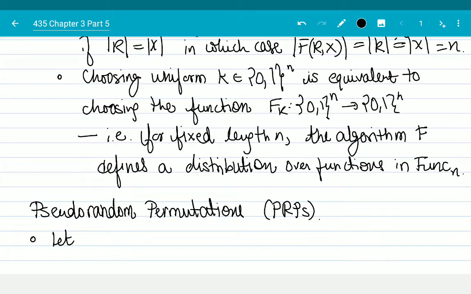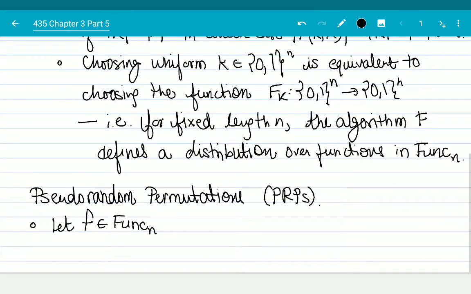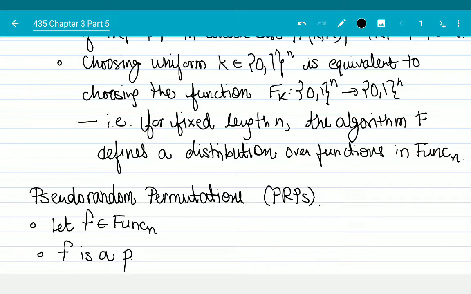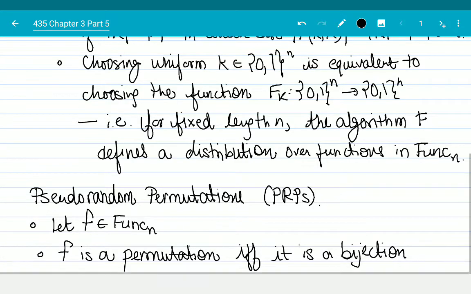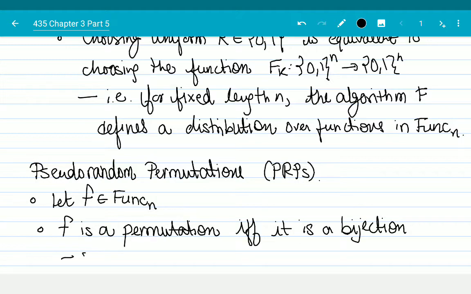Let F belong to Func_n. F is a permutation if and only if it is a bijection, which is to say this means that the inverse function exists.